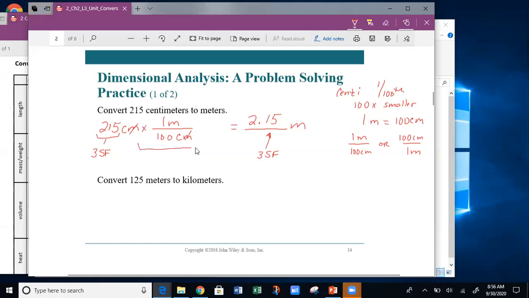We do not look at the numbers in the conversion factors. Even though we're multiplying and dividing, these are exact quantities, so these conversion factors are not considered for determining sig figs.